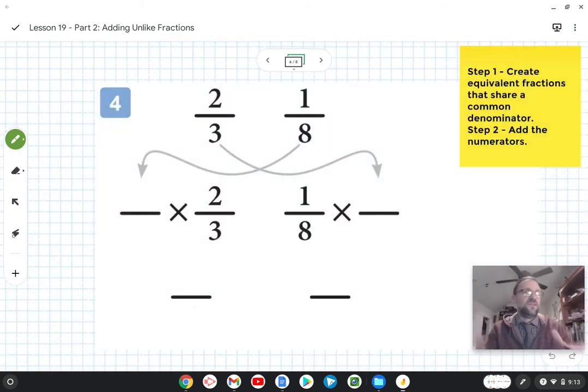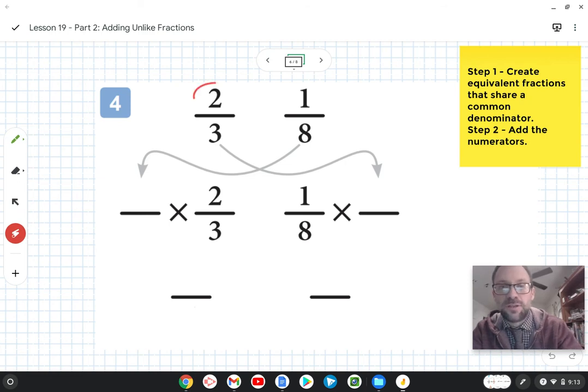And it's okay if you feel confused, because this is confusing at first, but the more we do it, the better we're going to get. So here's an example. We have the fractions 2/3 and 1/8. All right. Let's first create some equivalent fractions. Let's start by taking this first fraction's denominator, this 3, and let's write it down here and multiply our second fraction, 1/8, by 3.